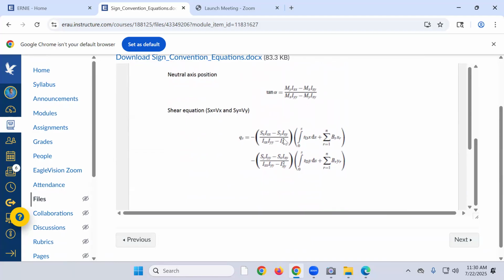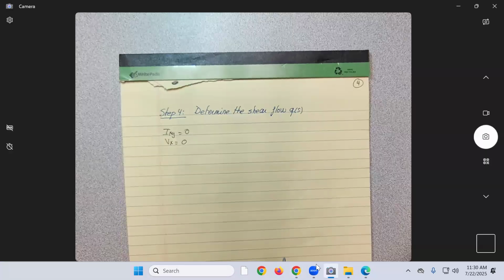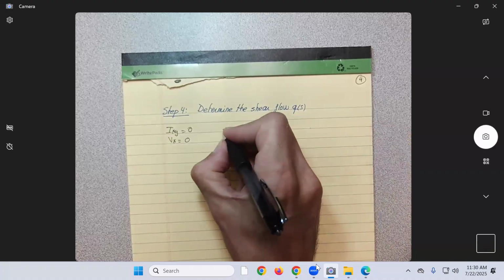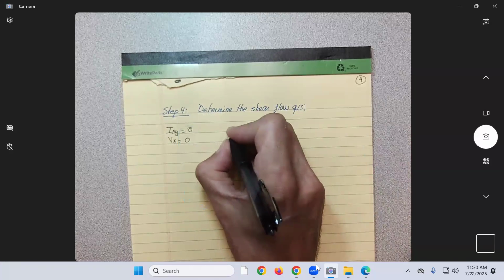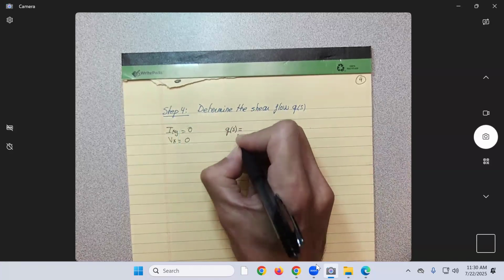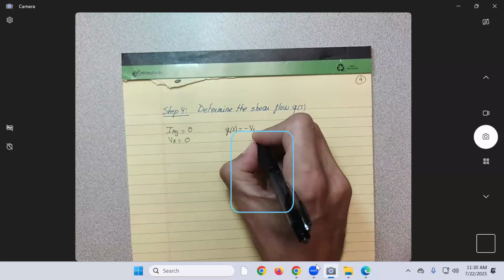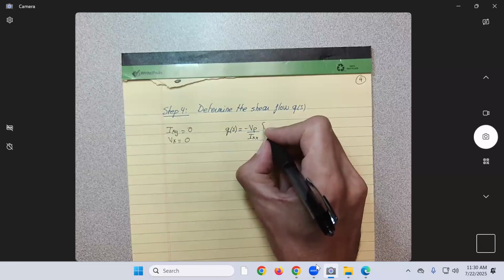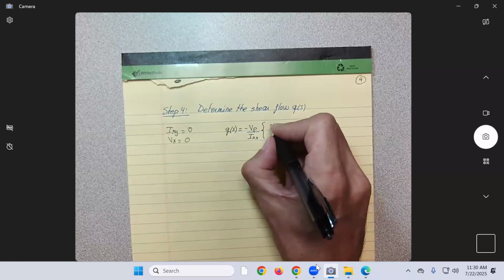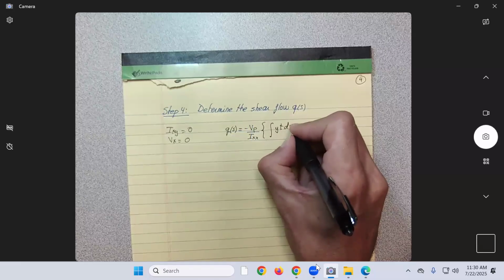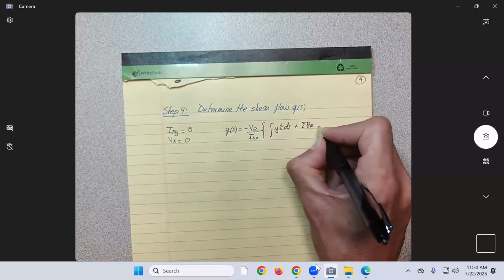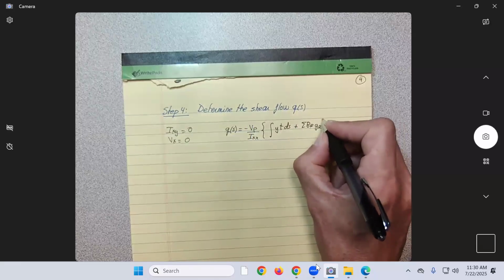For Vx equal to 0, Ixy equal to 0, it reduces to Qs equal to minus Vp over Ixx times the integral of YT ds plus the summation of the B sub r Y sub r.